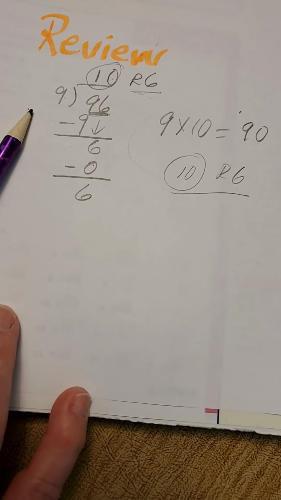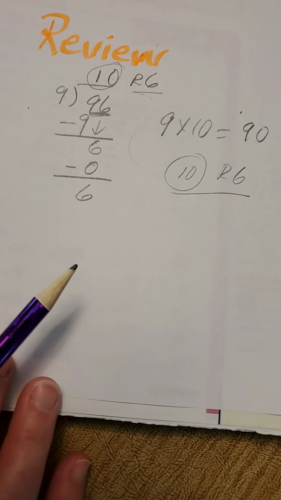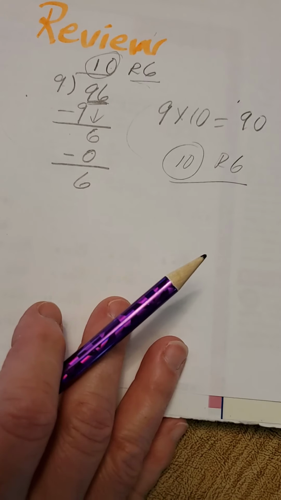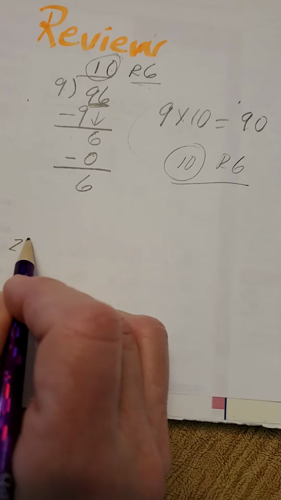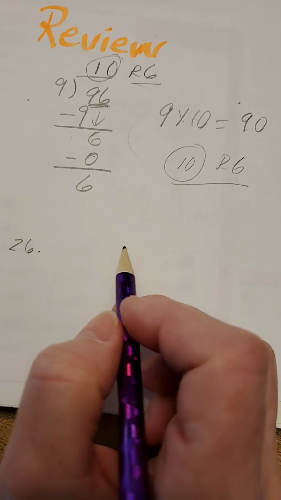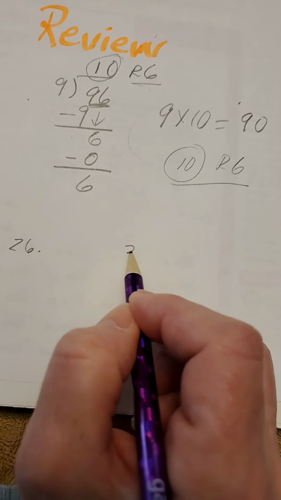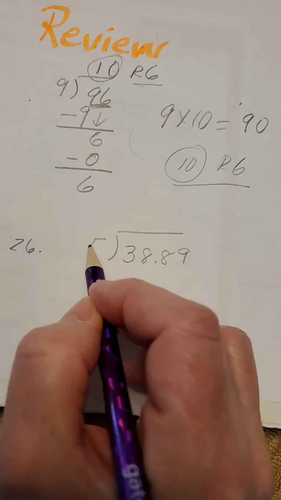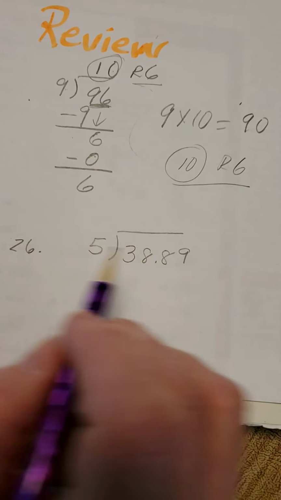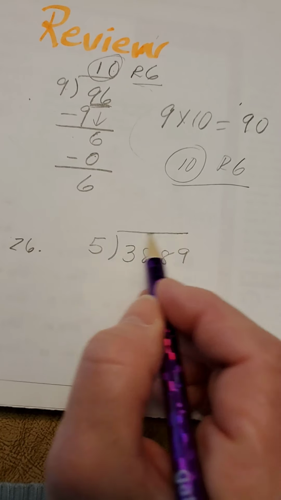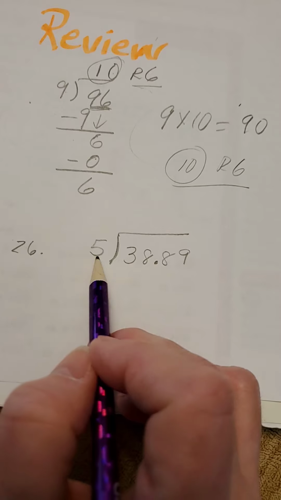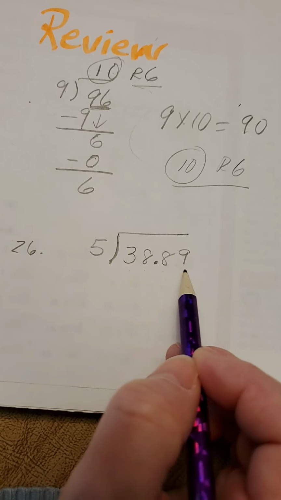All right. The other one I want to look at is estimate the quotient. So on page 380, I'm going to do number 26. What they want to do is divide $38.89 by 5. Now, it's estimate the quotient. So we're going to try to think of what number times 5 is close to 38.89.